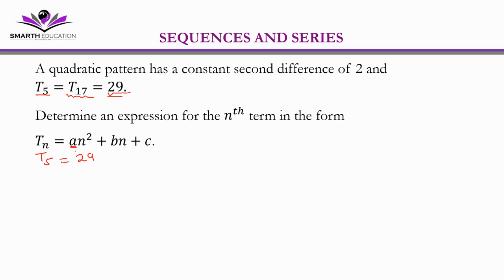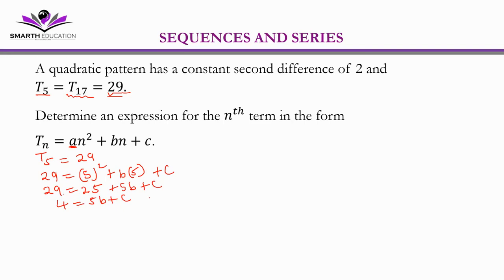We know that our a is equal to 1, so it's going to be 29 is equal to 5 squared, our a is 1, plus b times 5, or 5b, plus c. And then 29 is equal to 25 plus 5b plus c. And then 29 minus 25 is 4, which is equal to 5b plus c.